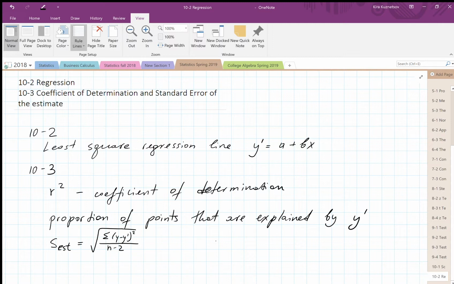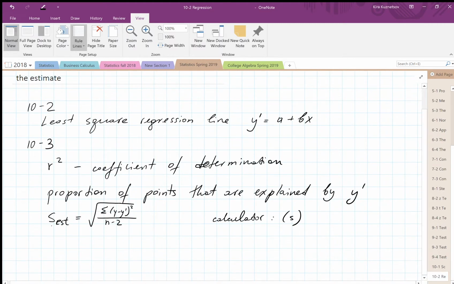And in your calculator, it's going to be the labeled letter S. So we don't want to get the S and the S sub X and S sub EST confused. So what we're going to do is we're going to label it the way the book does. S is your standard deviation of a sample, and S sub EST, that's the standard error of the estimate for the linear regression line.